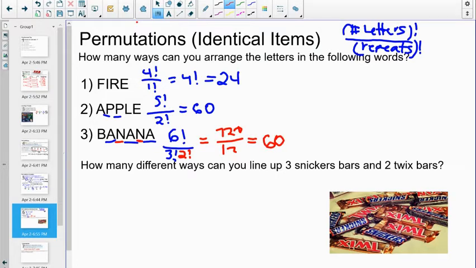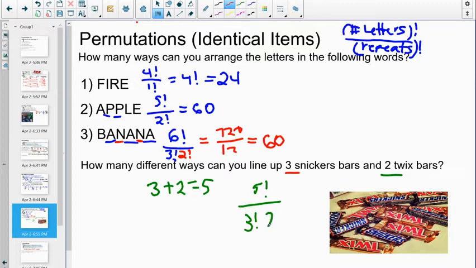Now, how many different ways can you line up 3 Snickers bars and 2 Twix bars? So if we have 3 Snickers bars and 2 Twix bars, we know 3 plus 2 is 5. So that's how many total candy bars we have. So we have 5 factorial over, let's think of our repeats. We have 3 Snickers, so 3 factorial, times, and then how many identical Twix bars do we have?